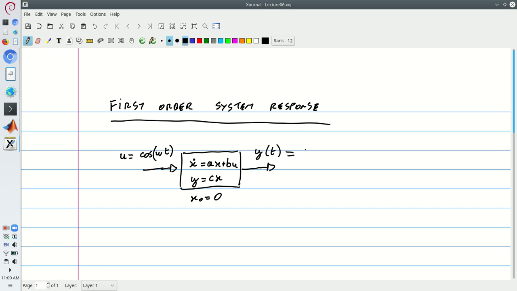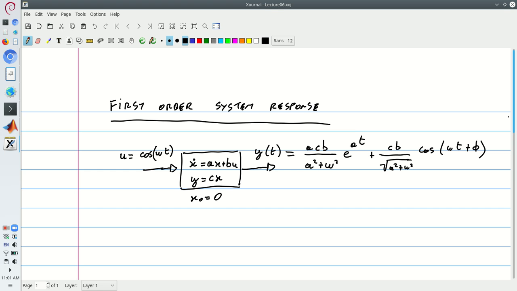So y of t, the expression that we got for it, was cb divided by a square plus omega square, exponential of at, plus cb divided by the square root of a square plus omega square, cosine of omega t plus phi.